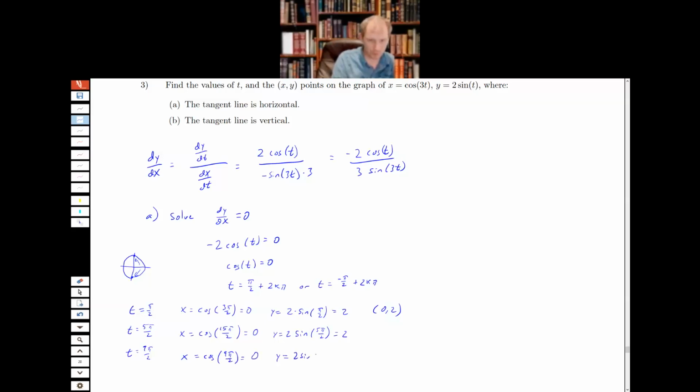Y is 2 sine of... I'm sorry. For my x, I need to multiply by 3, so this will be 27 pi over 2.